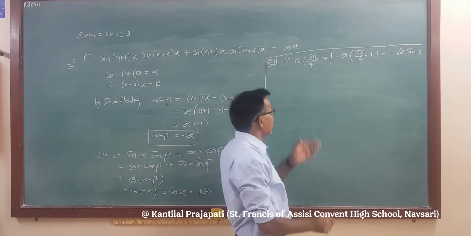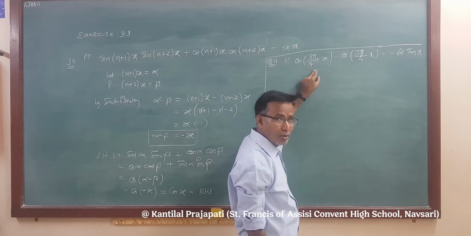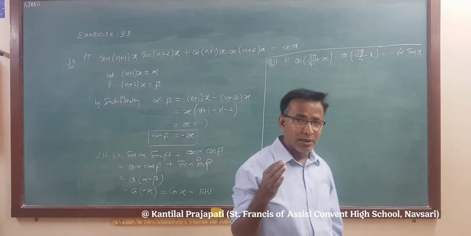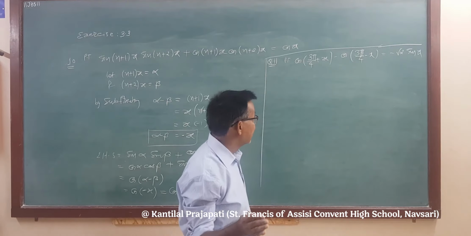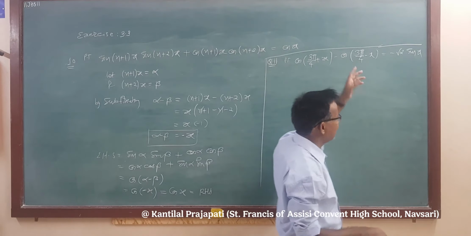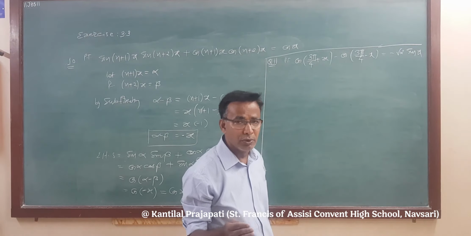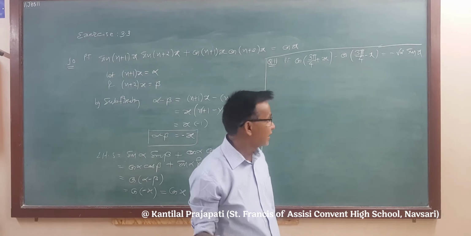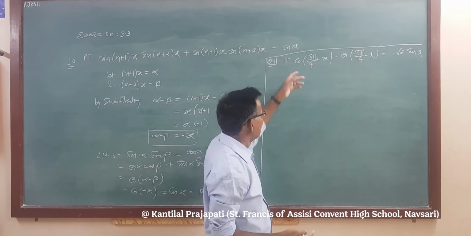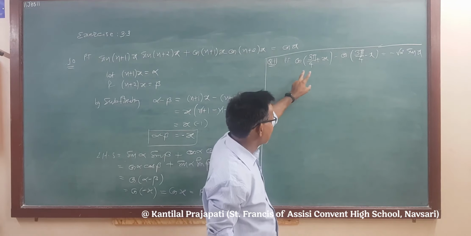See, we can solve this example in two ways. By using the addition formula, or we also apply the formula cos C minus cos D, that is the difference of cosine functions. Cos C minus cos D is represented as a product, that is minus 2 sin. We can apply any one, right? Either the addition formula or the difference as a product.